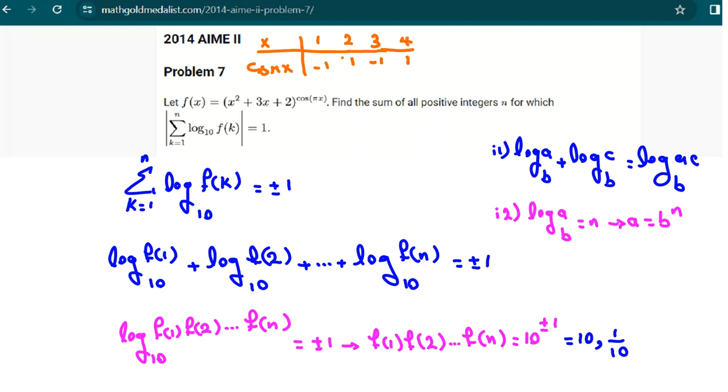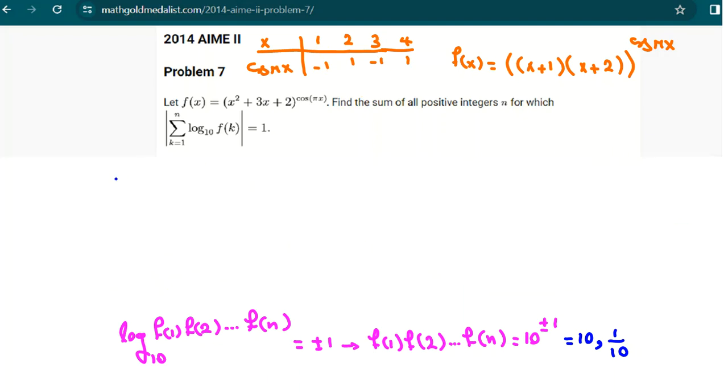So it's important whether x is odd or even. So f of x is what here? If we factorize this, it will be x plus 1 times x plus 2 to the power of cos pi x. It is negative 1 in odd x's. In even x's, it is 1.